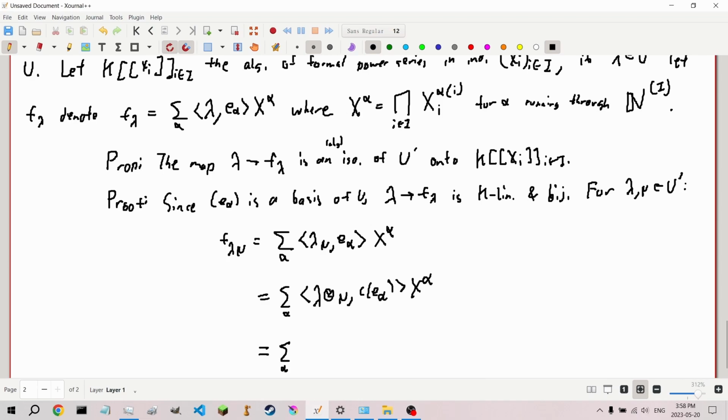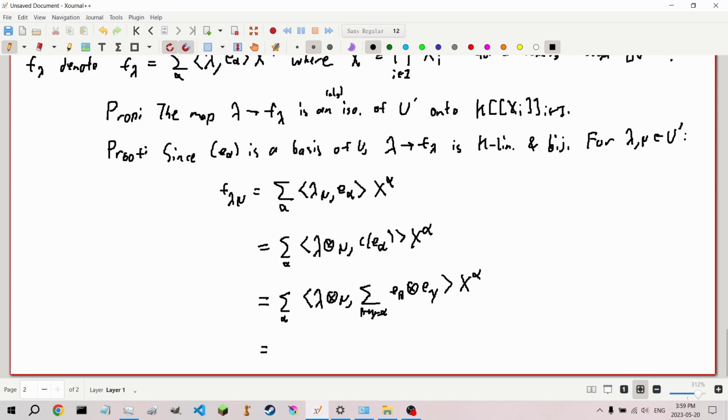which itself is equal to the sum across alpha of lambda tensor mu with the sum across beta plus gamma equaling alpha of e beta tensor e gamma times our string of determinants indexed by alpha, which is equal to the sum across beta and gamma of lambda with e beta times mu with e gamma times x to the beta plus gamma, which is just f lambda times f mu.